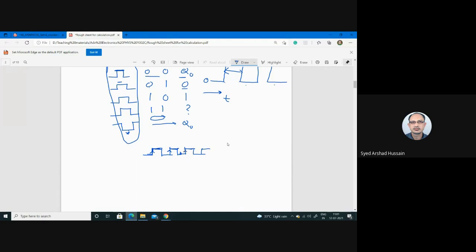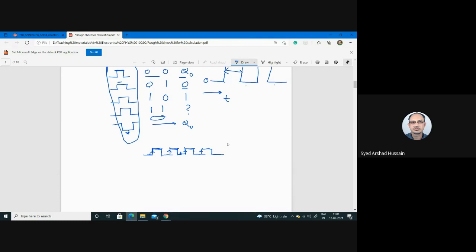And normally clock pulses are designed, this is how it is shown: this is the symbol of a positive edge-triggered clock pulse.